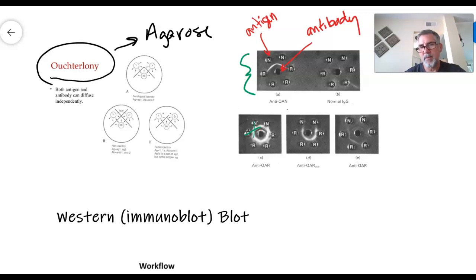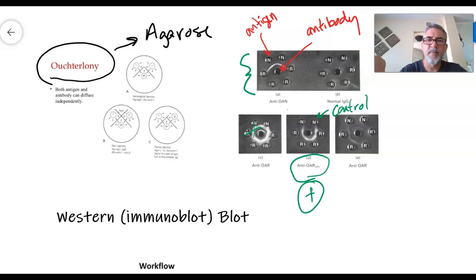So that's a maybe, but it's also reacting with the N, right? So what they did for this study was give a different version of anti-R, and then they've got this pattern. So this is definitely a positive result. They went back to the drawing board, and it's not reacting with N anymore. So N here would be your control.